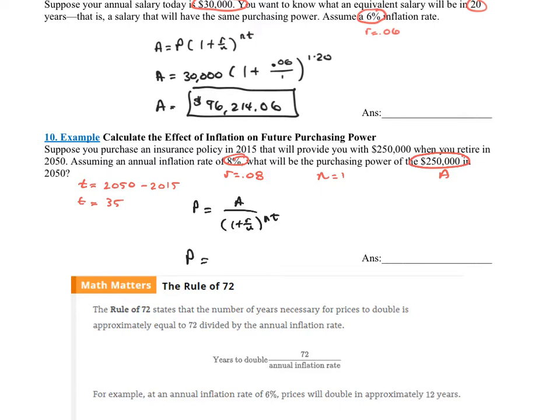Let's plug those numbers in. So this would be P equals, well, A is the $250,000, 1 plus R, which is the ridiculous 8% that they're claiming, over 1 to the 1 times 35 years. Go ahead and plug this into your calculator and let's see what you get.